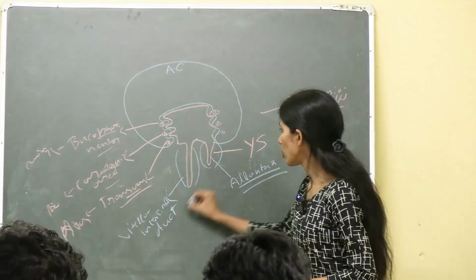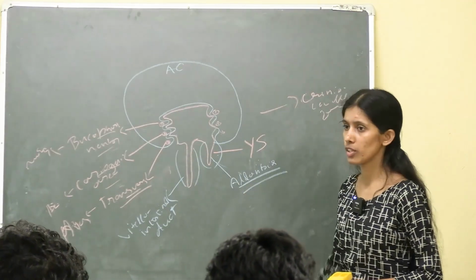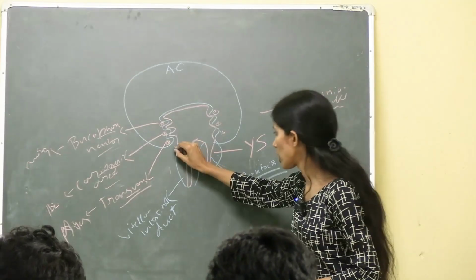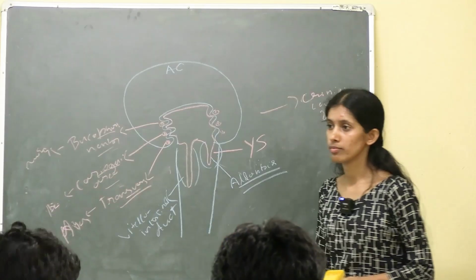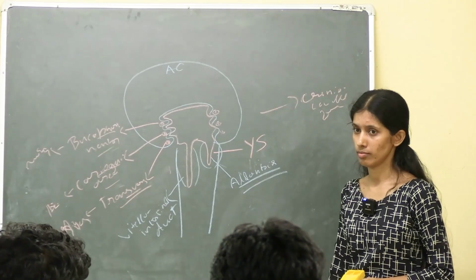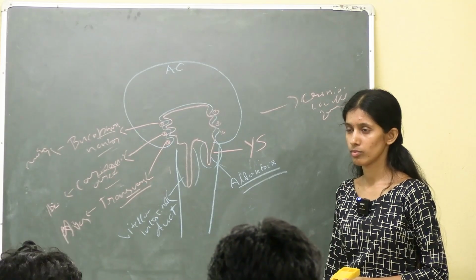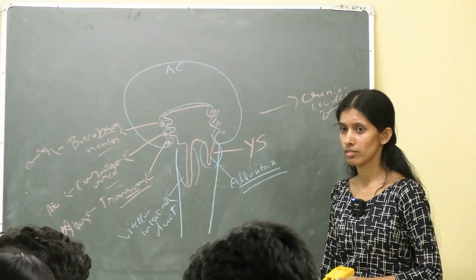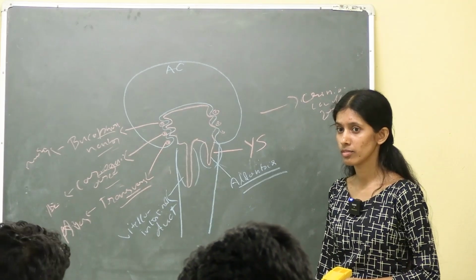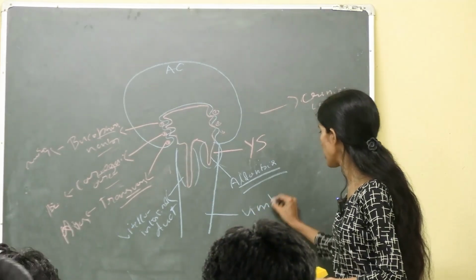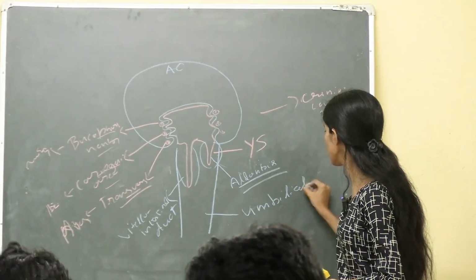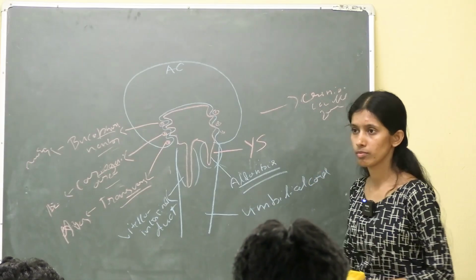So around these two structures, which structure will form? Not spinal cord. Very good. This is umbilical cord.